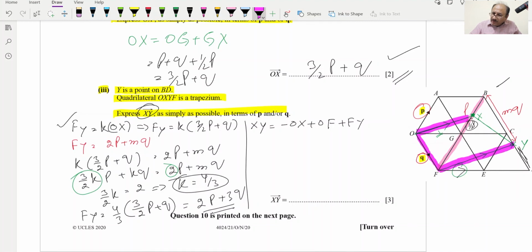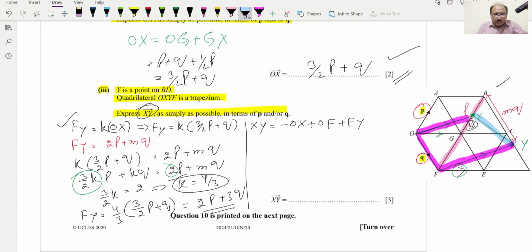So we are finding XY. Our XY is this one. So we have taken PO, OF and FY. This will be equal to XY, and now we will replace the values in this.